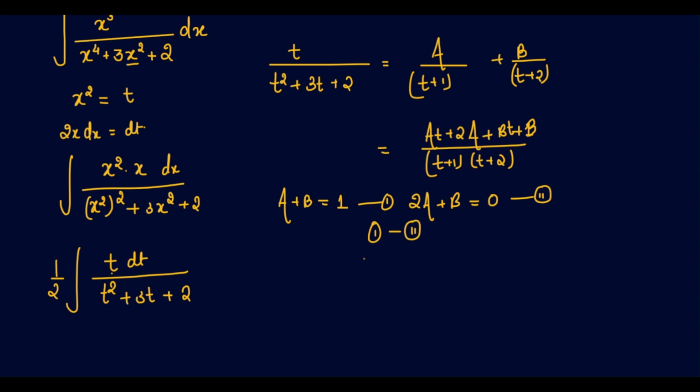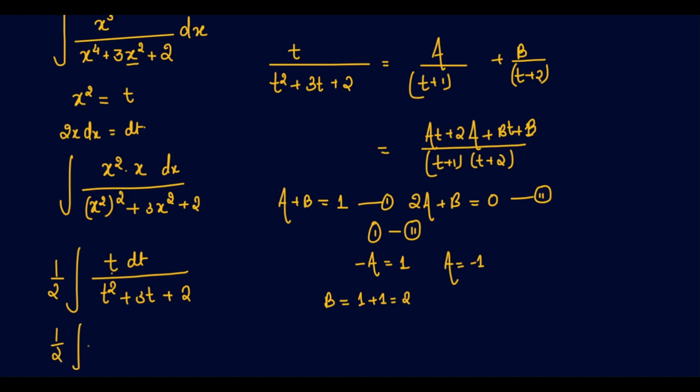If you subtract, you will get minus a equal to 1, so the value of a is equal to minus 1. And if you substitute a equal to minus 1, you will get b equal to 2. So the value of a is equal to minus 1 and the value of b is equal to 2. Here you can write the integration in this form.